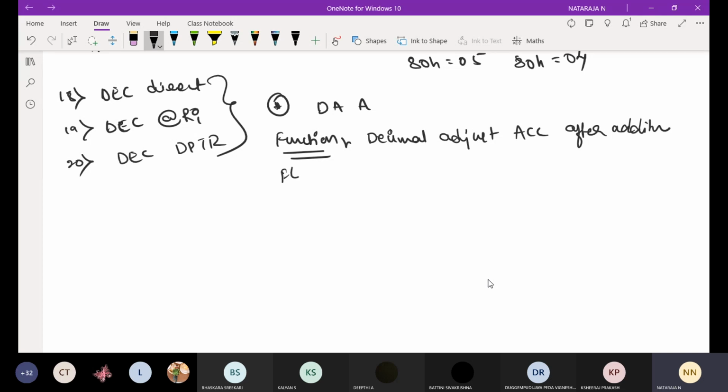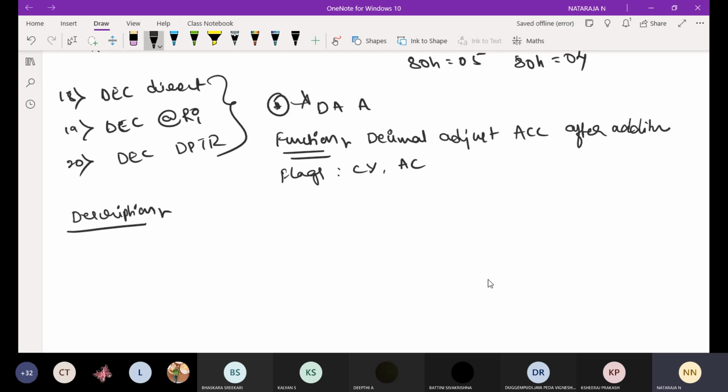Here the flags affected are the carry flag and auxiliary carry flag in the decimal adjustment accumulator instruction. Take the description for this instruction.